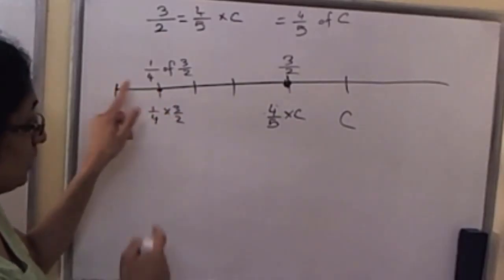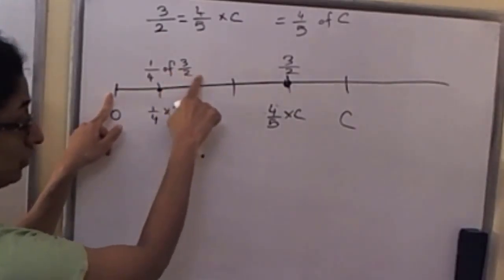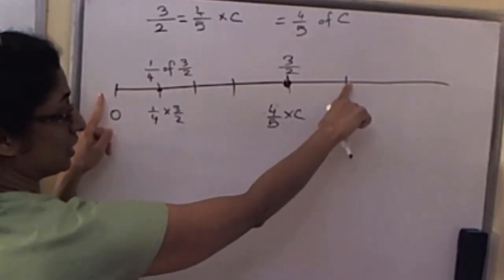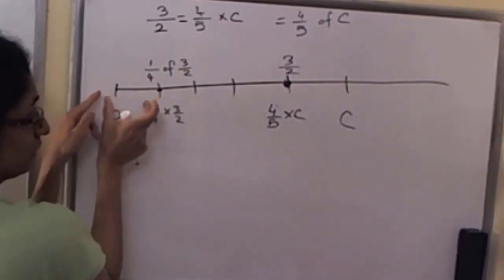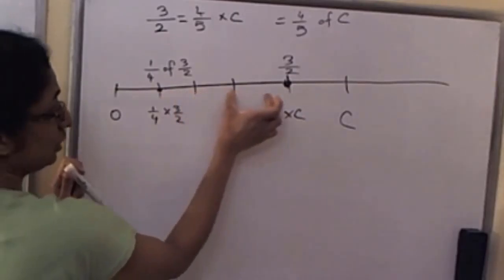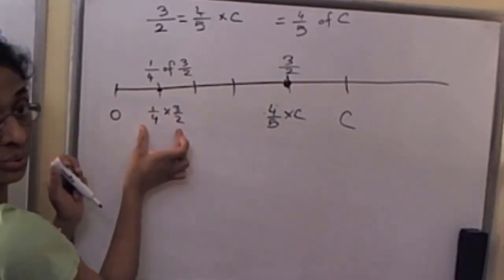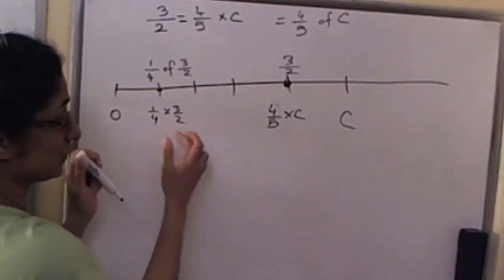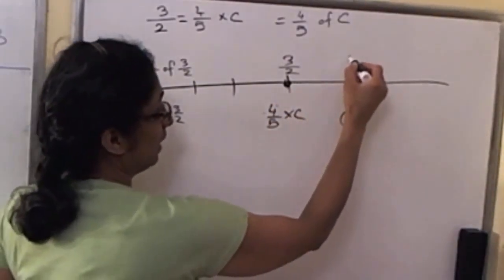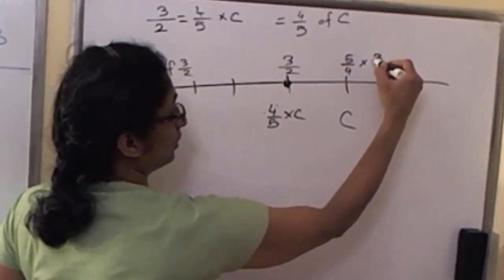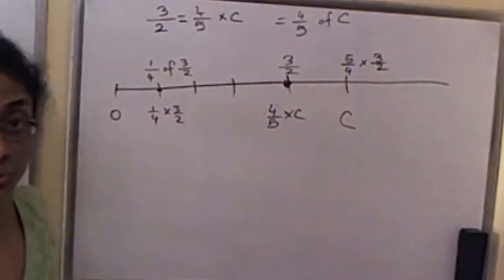So this point is now 1/4 of 3 over 2. Now we look at what C is. C is made up of 1, 2, 3, 4, 5 of such pieces whose lengths you do know. So that makes C the same as 5 over 4 times 3 over 2.